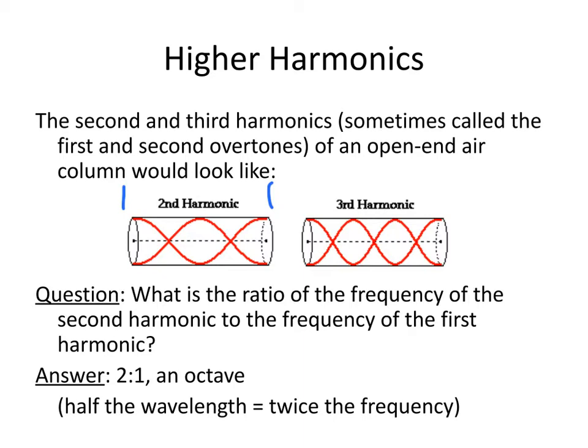We've gone from half a wavelength to a full wavelength. And so if the wavelength has decreased like that, then we've divided the wavelength by 2, so we must have multiplied the frequency by 2. So we get twice the frequency. If we go from the first harmonic to the second harmonic, then the frequency of the sound doubles.